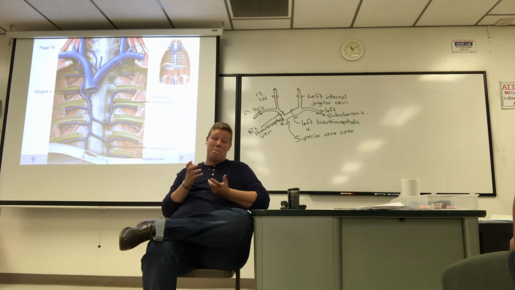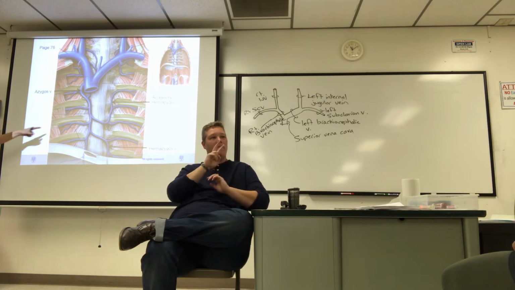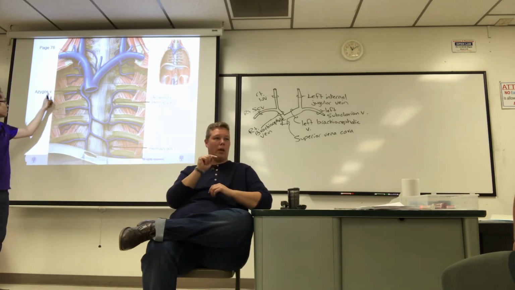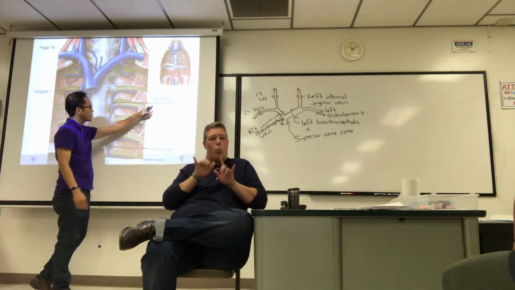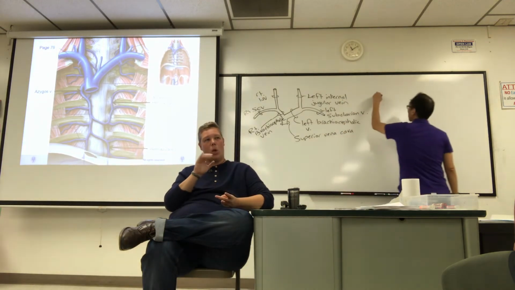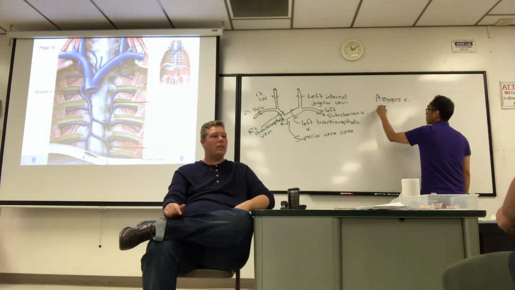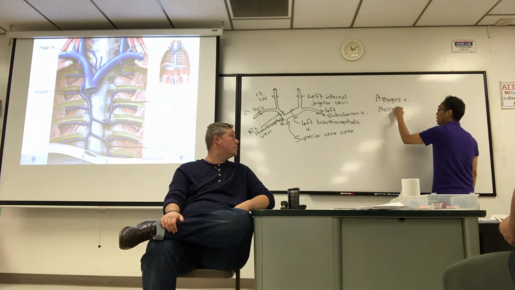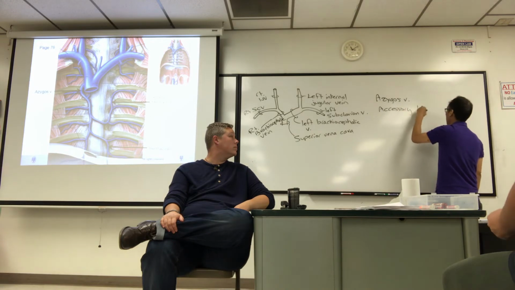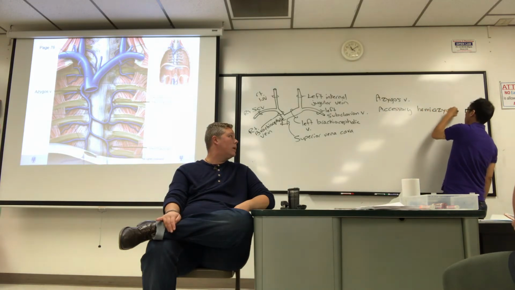The other thing you can take away from this figure are all the little veins that drain the chest wall. These right here. I would note azygous and hemiazygous. Azygous vein, accessory hemiazygous vein.